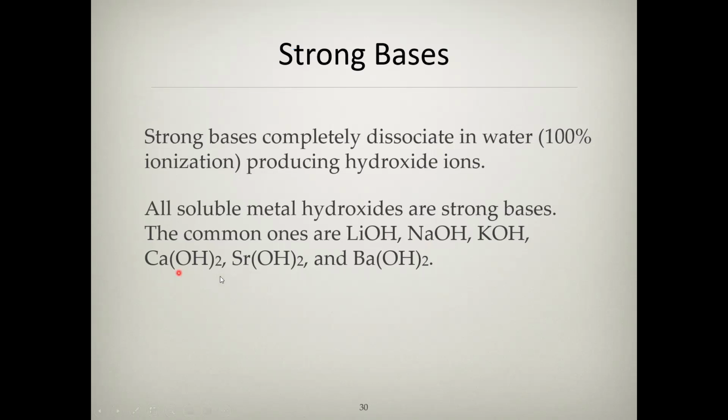It's just in the case of calcium hydroxide, strontium hydroxide, and barium hydroxide, since the metal in each case is going to be positive 2, we're going to need a second hydroxide ion in order to balance out those charges. So when we take barium, strontium, or calcium hydroxide and dissolve them, we'll actually get 2 hydroxide ions for every single formula unit that we have.